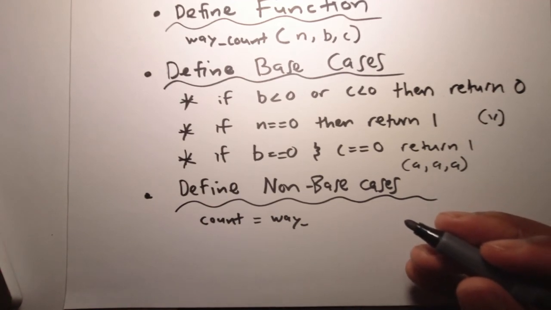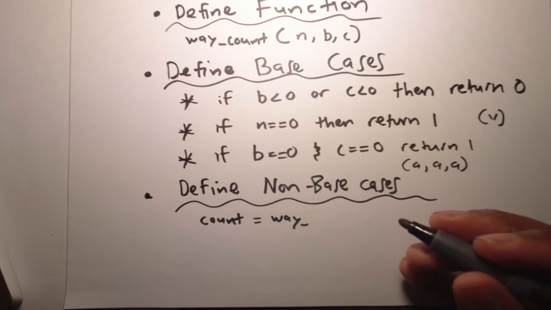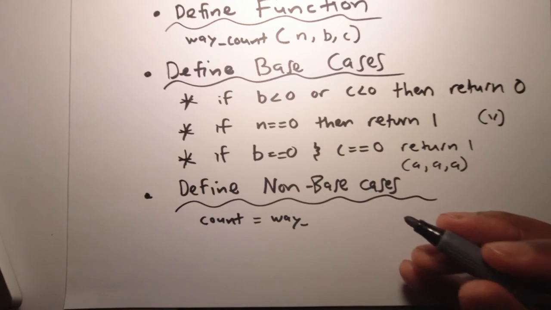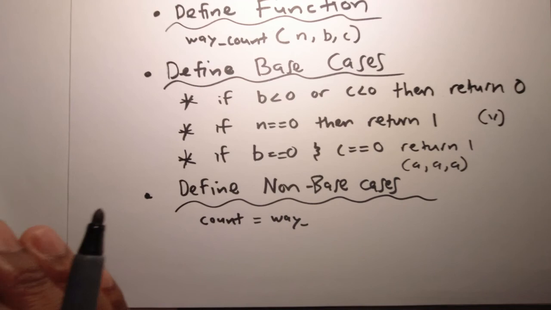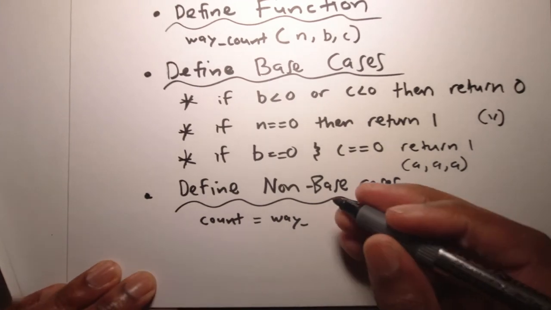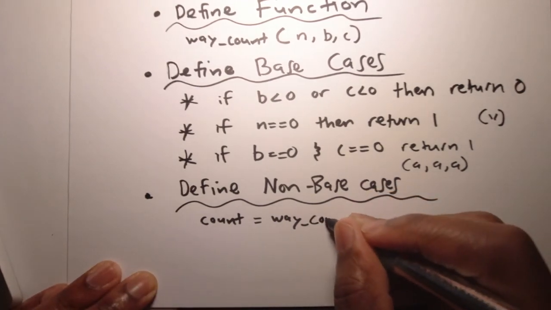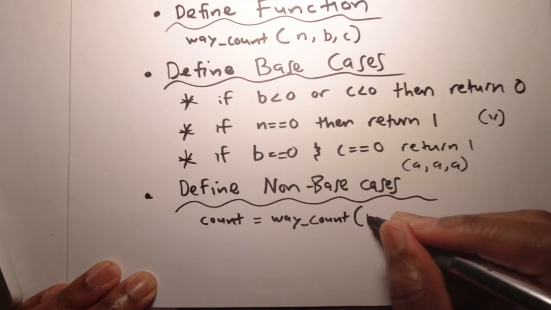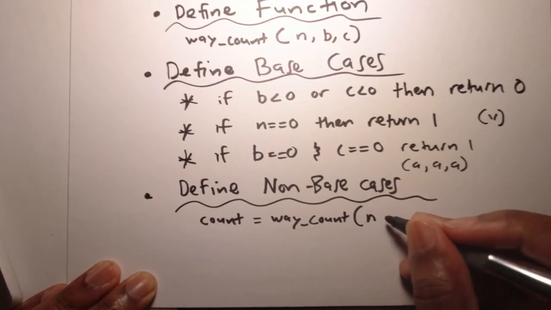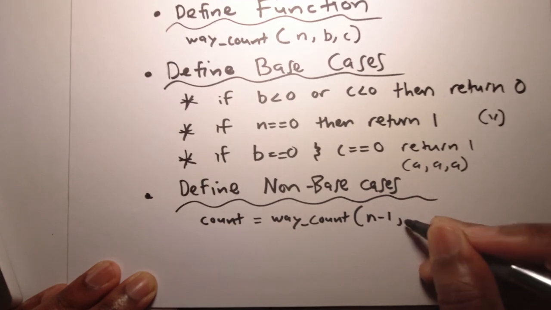We have to consider the situation in which we select A, or if we select B, or if we select C. So we're going to do some superposition, and we're going to represent that by adding all of those solutions together. So we'll do count is equal to way count, and if we select an A, then the length of the string will decrease, so we'll put in n minus 1.